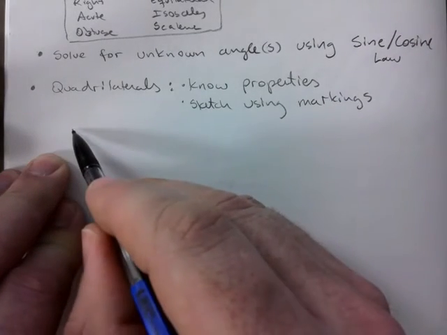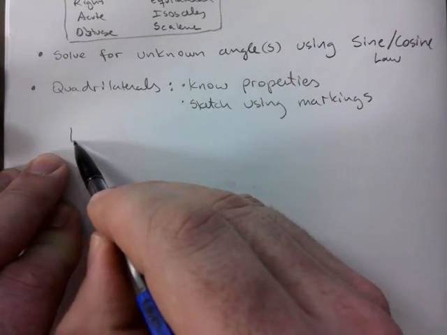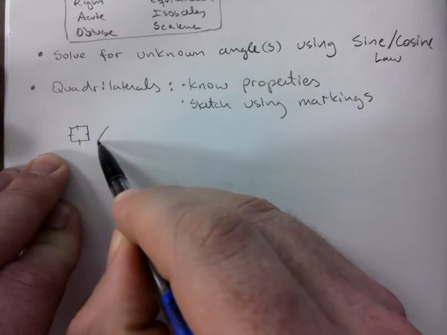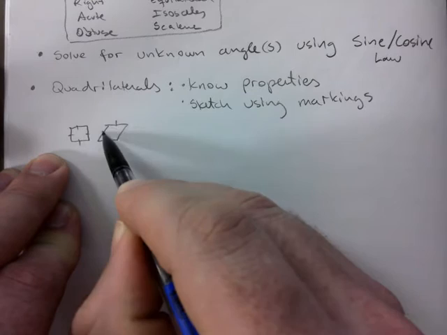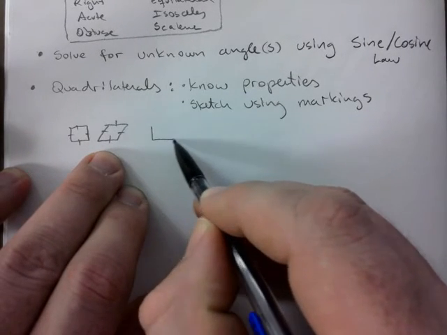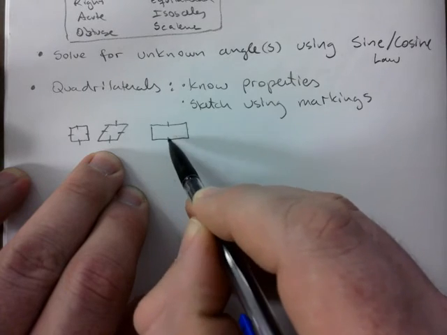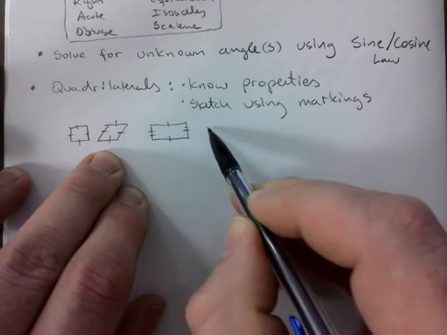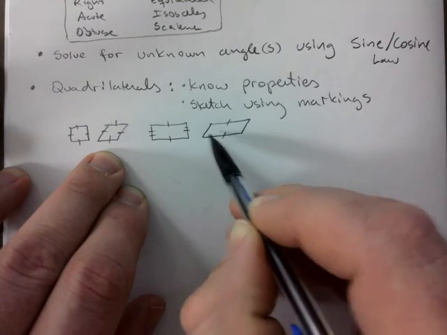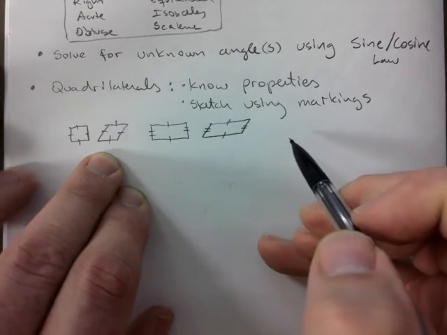And these are our basic ones, right? We have our square, our rhombus, we have our rectangle, we have our parallelograms, right?